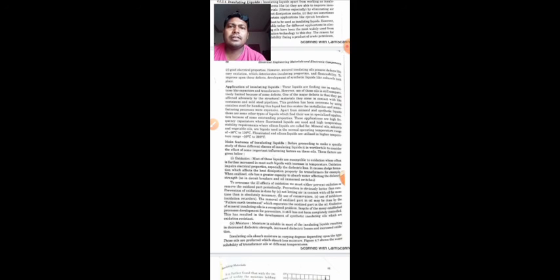Now students, we will read about the application of the insulating liquids. These liquids are finding use in applications like capacitors and transformers. However, use of these oils is still comparatively limited because of some defects. One of the major defects is that they get affected adversely by the structural materials they come in contact with, like containers and mild steel pipelines.